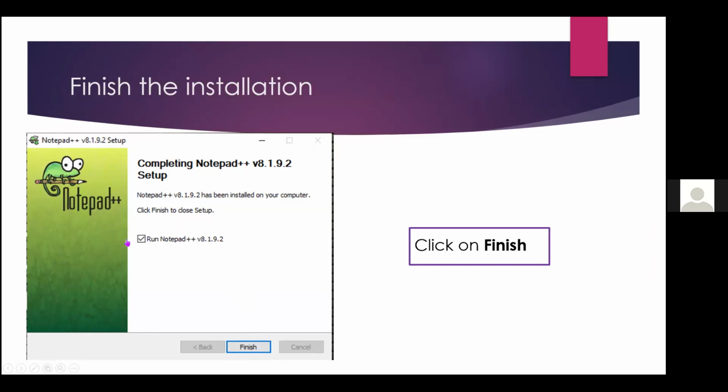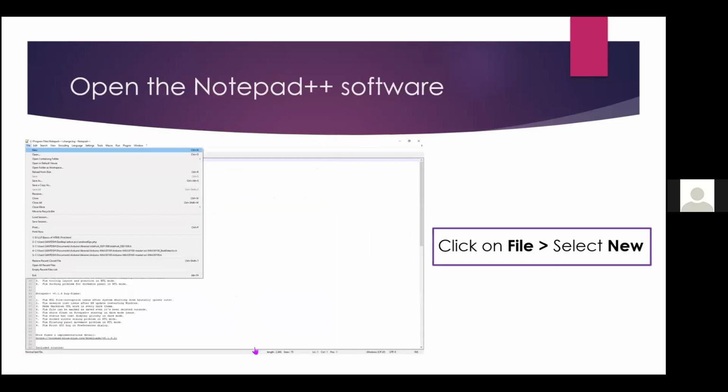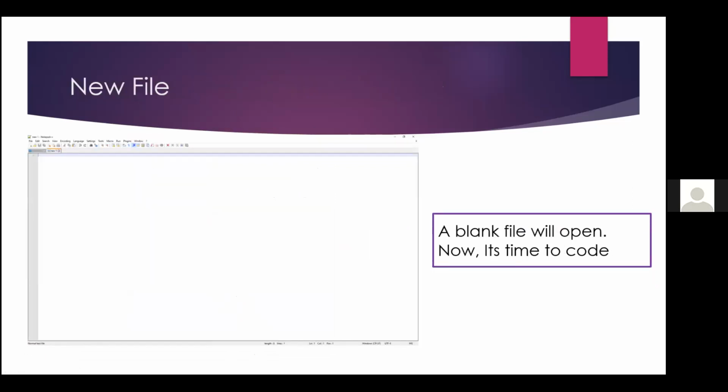If everything is done smoothly, then you'll be getting a last finish button. Click on this and done. Your software will be getting installed. Now you can click on file, new to open a new file.